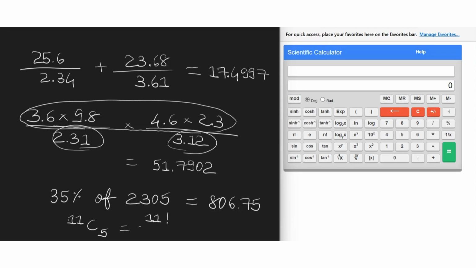So as per the equation, it is n factorial upon n minus r factorial into r factorial, which is 11 factorial upon 11 minus 5 factorial into 5 factorial. Here we can write this as 11, then factorial symbol, then division, 6, factorial symbol, again division, 5, factorial symbol, and then press equal to. So we get this 11C5 as 462.